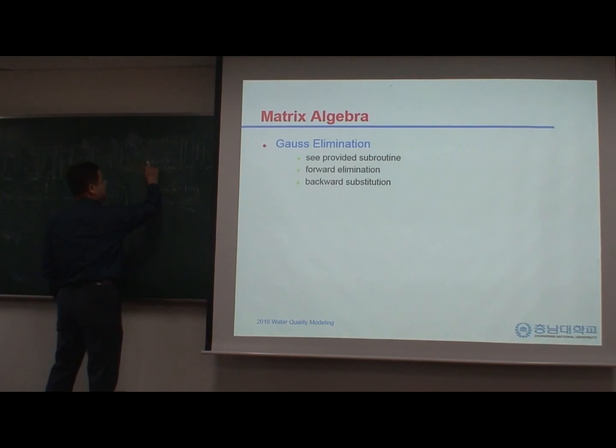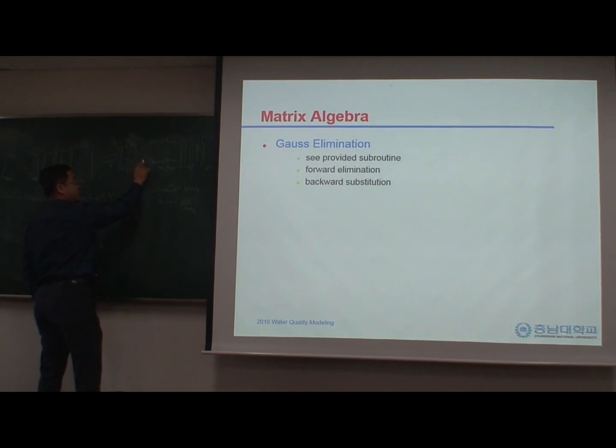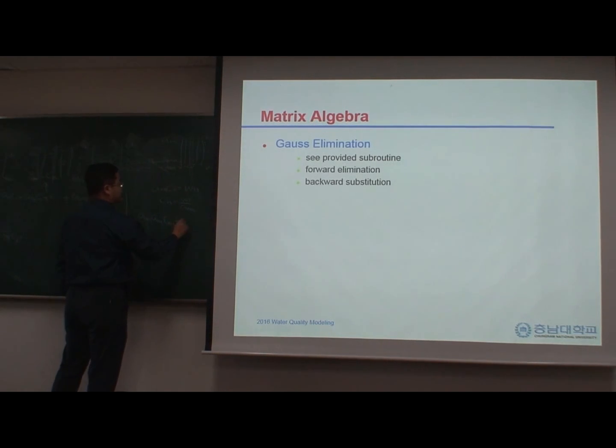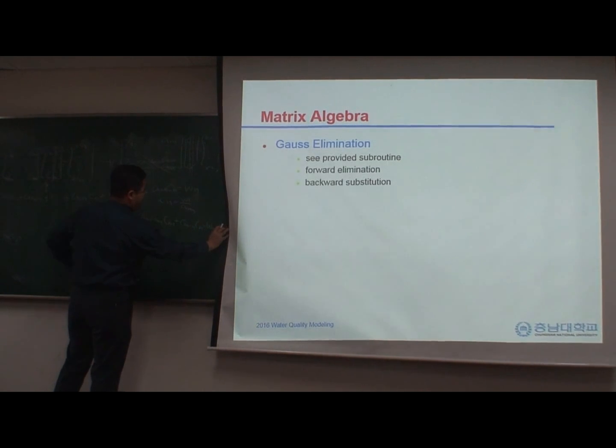Then we go to the second row from the bottom, where everything is 0 except A(n-1)(n-1) C(n-1) plus A(n-1)n Cn equals W(n-1).